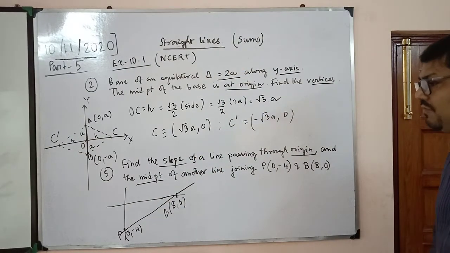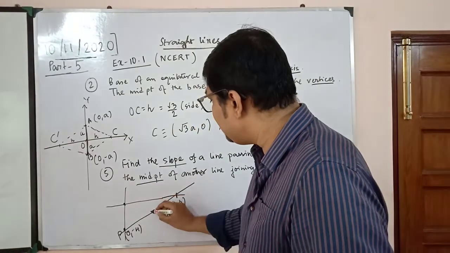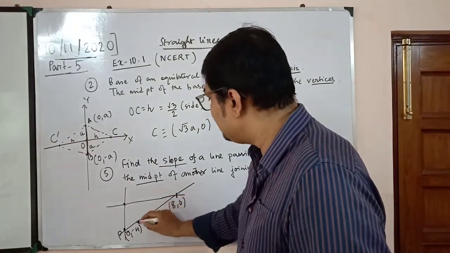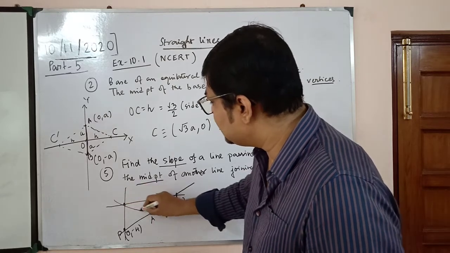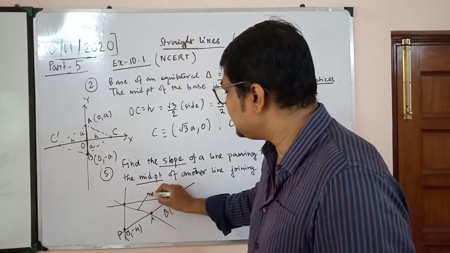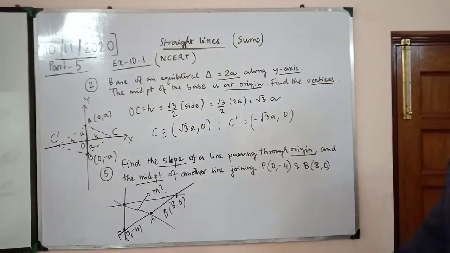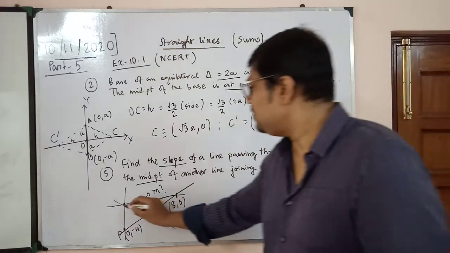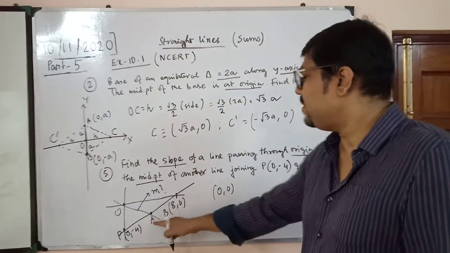Now you have to find the slope of the line which passes through the origin and the midpoint of this line, which is A if you consider it as the midpoint. So the slope of this has to be found. Just get the 2 points. The origin is one point, 0, 0. Another point is the midpoint.